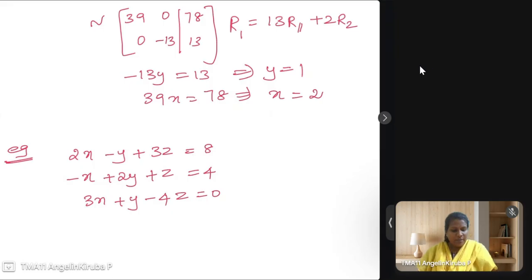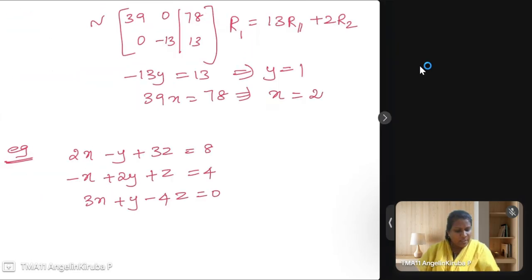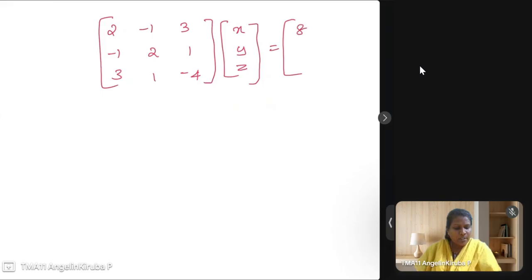In a similar way, first we have to write the matrix form, and then we have to write it in the augmented matrix form. So this is the matrix form, and on the RHS we have 8, 4 and 0. Now we have to write this in the augmented matrix form.